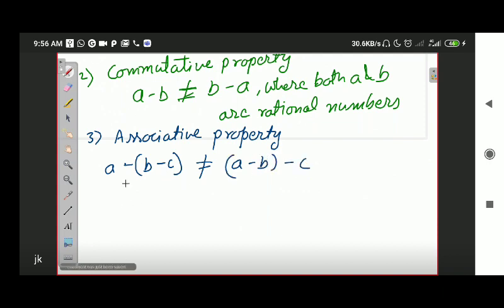If we open the bracket on the left hand side, we will get a minus b plus c, and if we open the bracket on the right hand side, we will get a minus b minus c. So there is a difference in the sign of c on LHS and RHS. So you can easily observe that associative property is also not applicable here. a, b and c are all rational numbers.